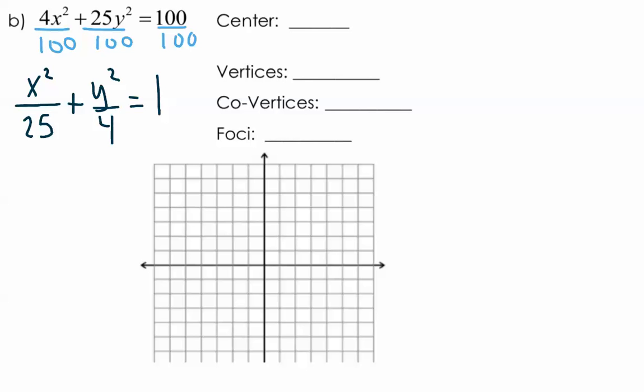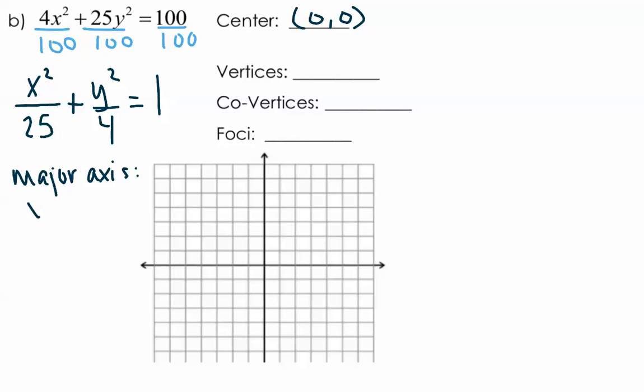So now we've got this standard form. We can see that the center is going to be at 0, 0 because there are no parentheses with the x and the y. So there's no shifting happening. We want to make sure that we figure out what our a value is, our b value, our c value, and our major axis. So we'll start with our major axis, and we'll notice that the larger value, the a value, is underneath the x.